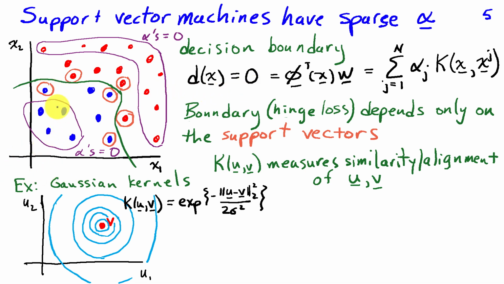So we don't need to put any kernels over here at data that's far from the boundary because, again, it's going to decay and it won't really help us shift the boundary very much. So those alphas are going to be 0.